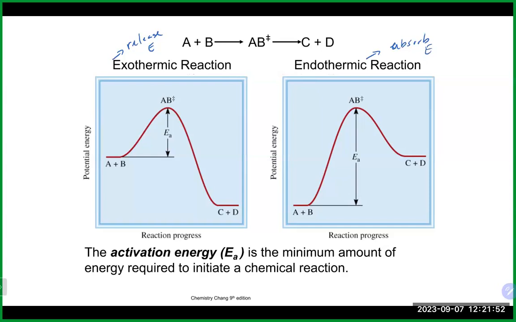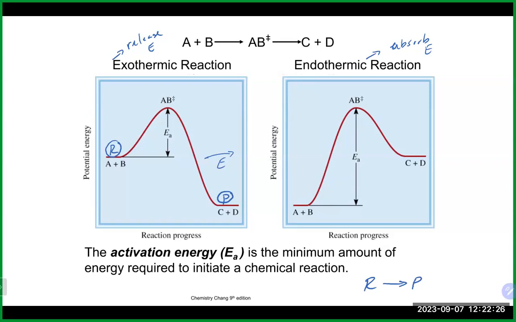These are sometimes referred to as energy diagrams, as you might be familiar with. We have our reactants and our products. On the diagram on the left, our reactants are higher in energy than our products, so the only way to get down to our products is for overall energy to be released. That is why it's an exothermic reaction.